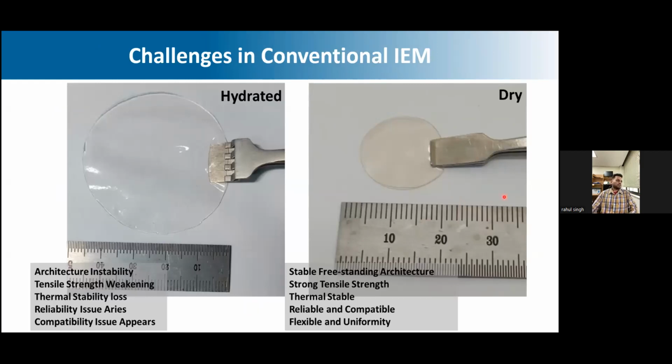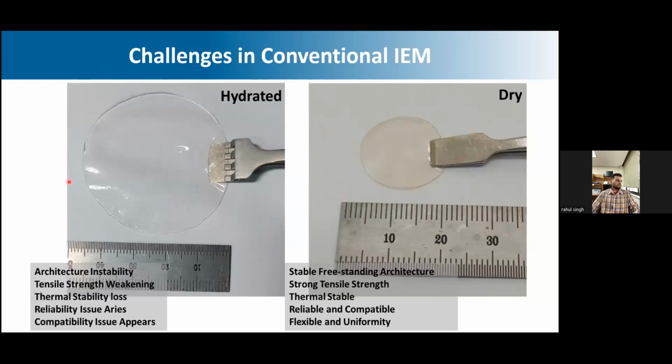The membrane which has been designed, in the dry state, was very, very flexible, a very good membrane. But under hydrated conditions at elevated temperature, it swells this much. This type of swelling is not good for our devices or any electrochemical cell, because it can damage the device as well as the system.